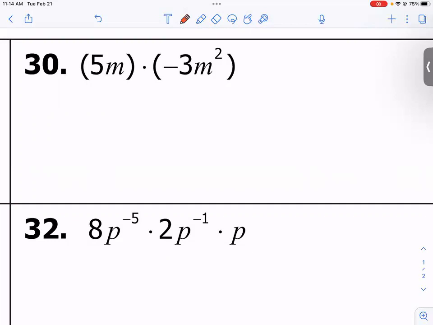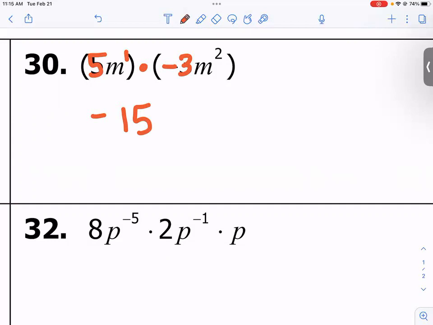Okay. Tyler, how about here? What is 5 times -3? -15. Okay. And then, like I said, if there's not an exponent written, let's write in that implied 1.